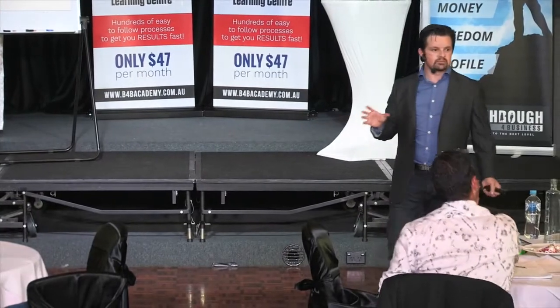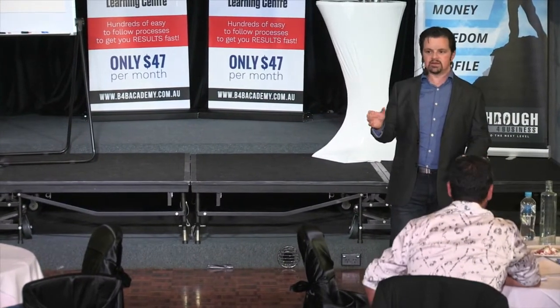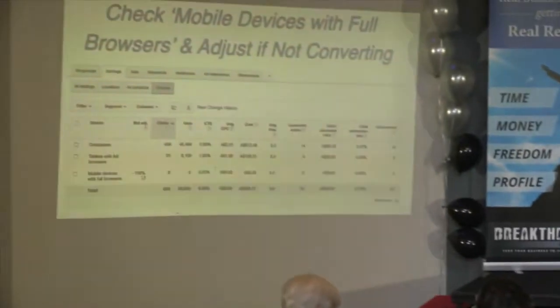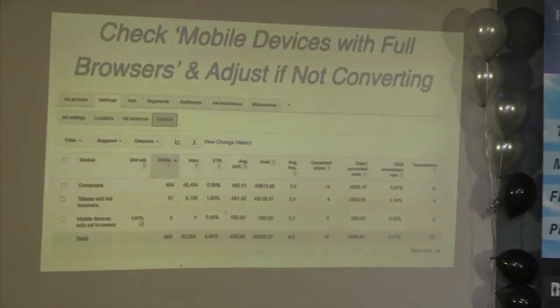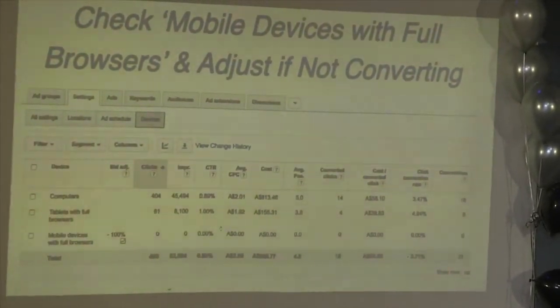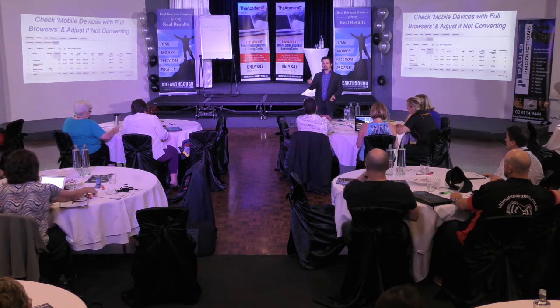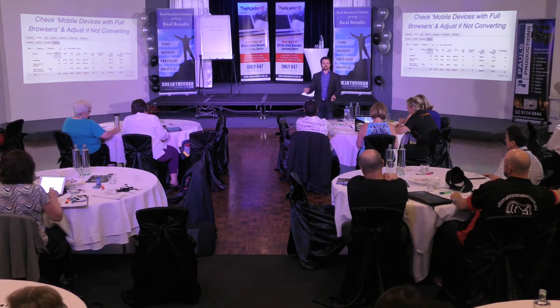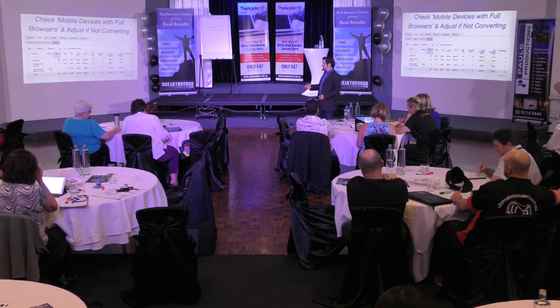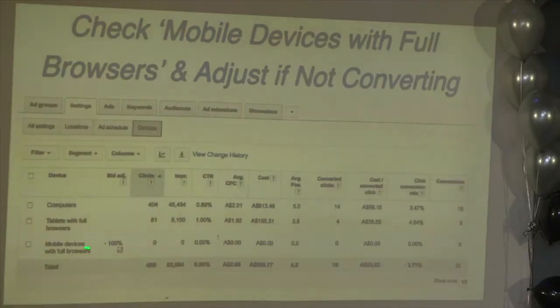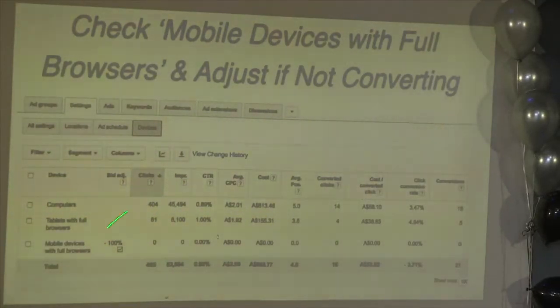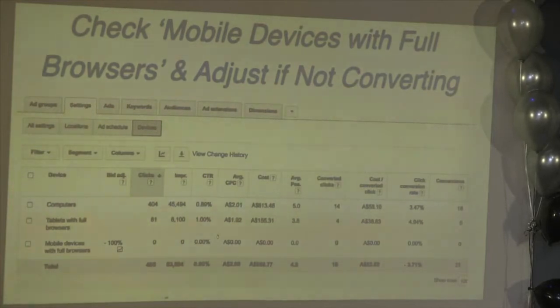We're talking about different browsers and that kind of thing. You might find in your marketplace that you get a lot of traffic from mobile browsers, but it's not actually converting into leads and sales. So you may choose, even though it's a lot of traffic, to get rid of it. They don't really give you an easy way, but you can do a bid adjustment of minus 100%, which means it won't show anymore.